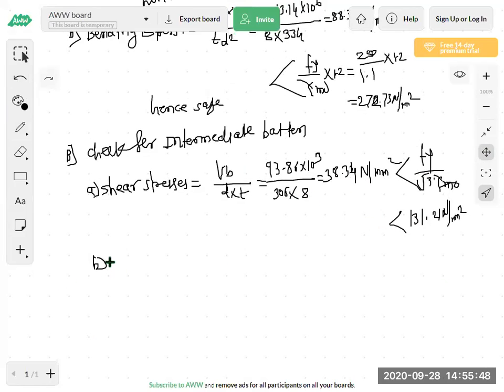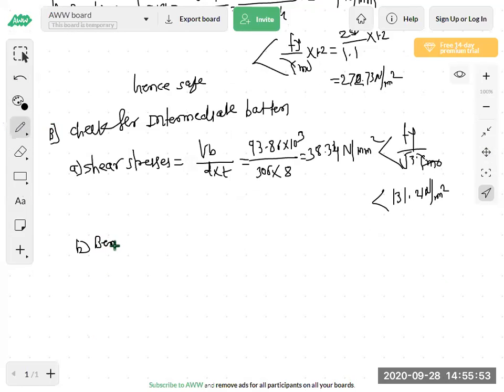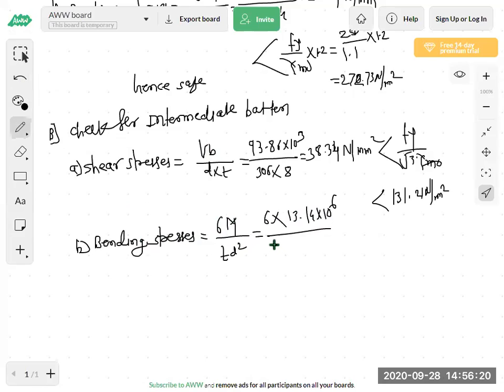And second we have to calculate bending stresses. So for bending stress again the formula is 6M divided by t d square. So 6 into, again the moment, that is 13.14 into 10 raised to 6 divided by t, which is 8 mm, into 306 square.